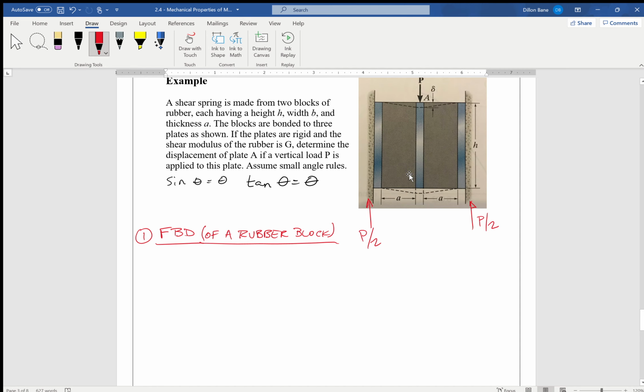In its original position, the rubber block was rectangular, but then in its deflected position, it gets moved down because the load deforms the block.